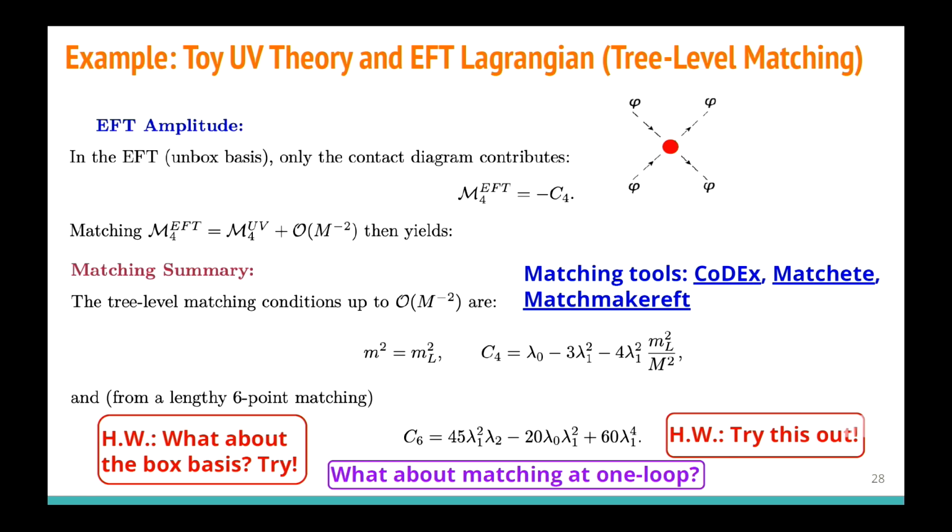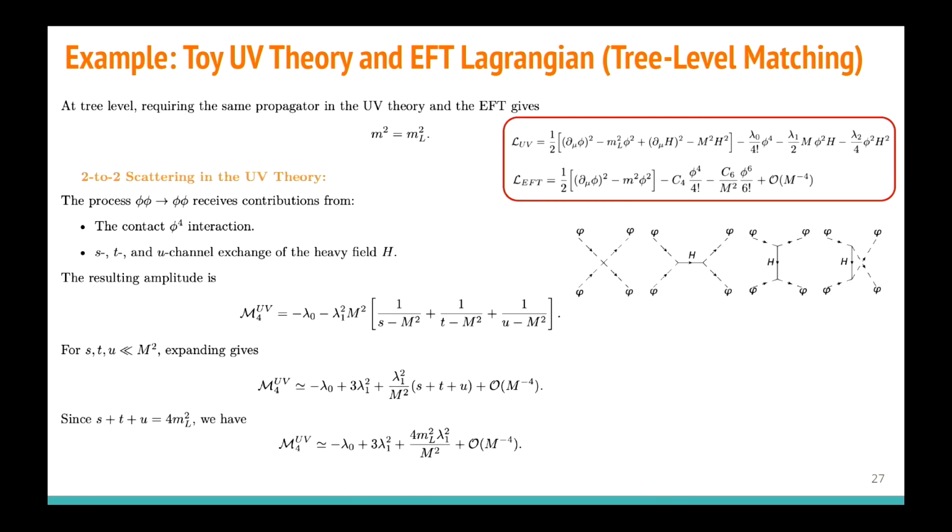Now this I again leave for you to do. I did this calculation. It's easy. It will take you 15-20 minutes. If you do a 6-point calculation, you would get C6 as 45 lambda squared lambda 2 minus this. So please try this out. Here we did this calculation in the unboxed spaces, so I would urge you all to try this calculation in the boxed spaces.